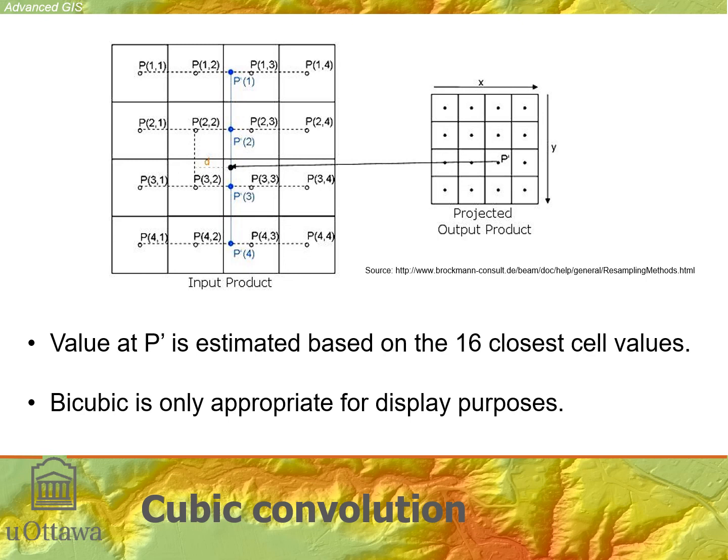But it's very good for display purposes and it's highly recommended that anytime you need a raster for display purposes, you use bicubic or cubic convolution. Convolution is just another name for filtering in raster. So cubic convolution, bicubic, or just cubic are 3 names for the same type of thing.